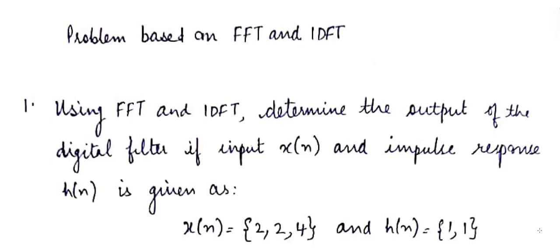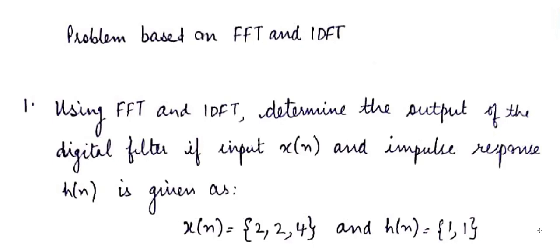As we know, the fast Fourier transform can be implemented with fewer coefficients, or we can say it will take less time. That's why, more preferably, for DFT we are using the fast Fourier transform.